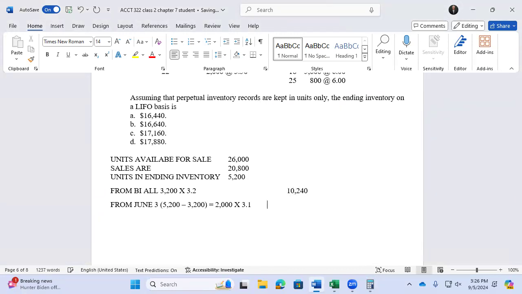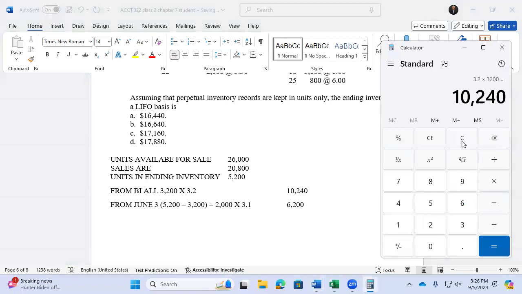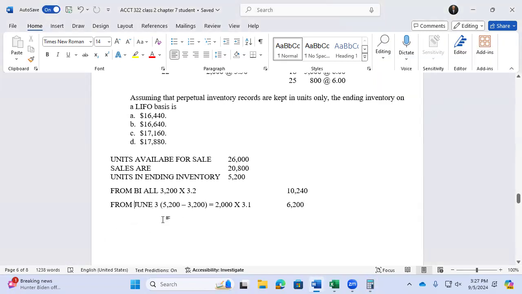And then 2,000 times 3.1, so 6,200. $6,200 plus 10,000 gives us an ending balance. And that is letter B.